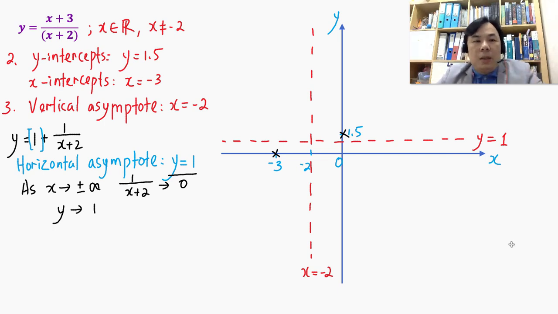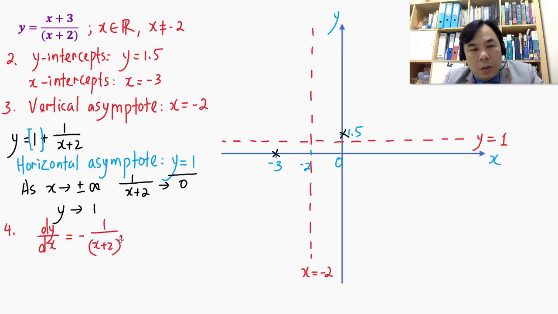The last part is you are interested to find out if we have any stationary points or not, right? So we perform the differentiation. You'll notice that if you differentiate this, you only get (x plus 2) squared here, which means there is no stationary point. It's very obvious, no stationary point here. And then you are interested to find out if there is any inflection point.